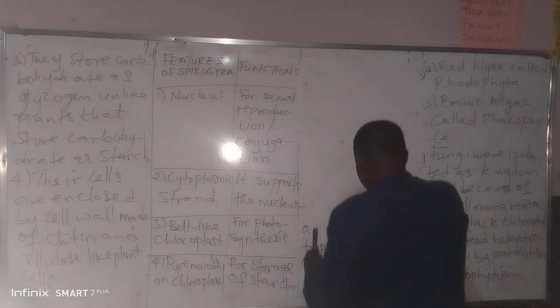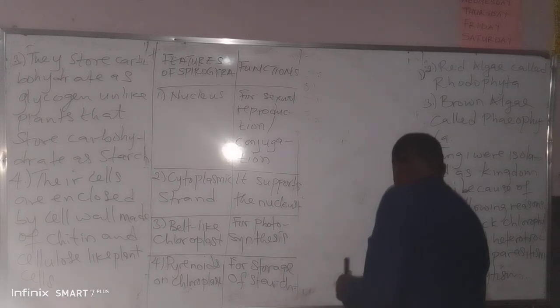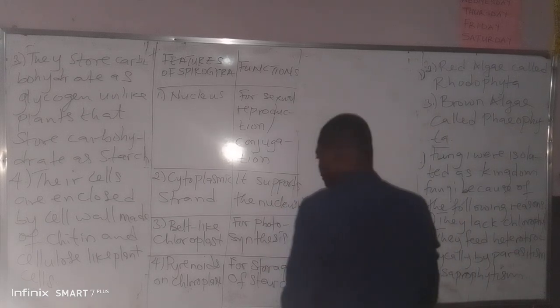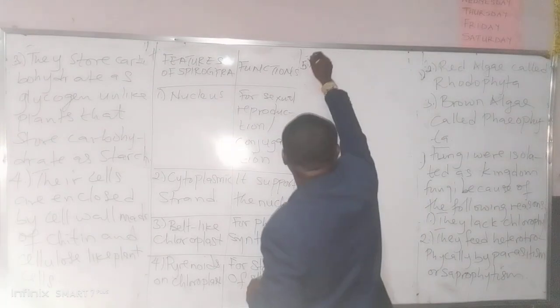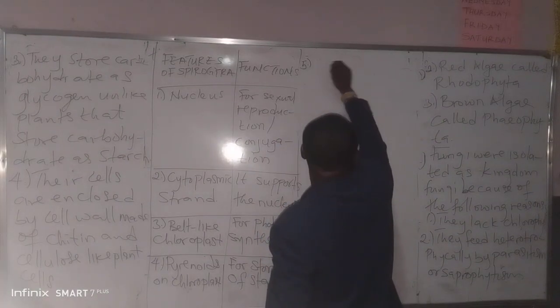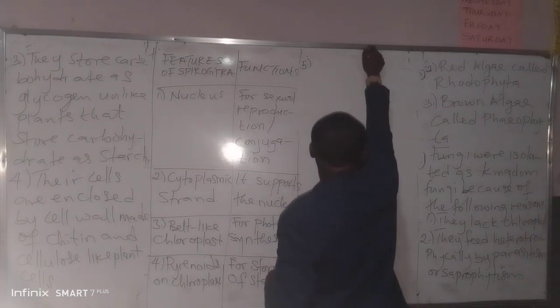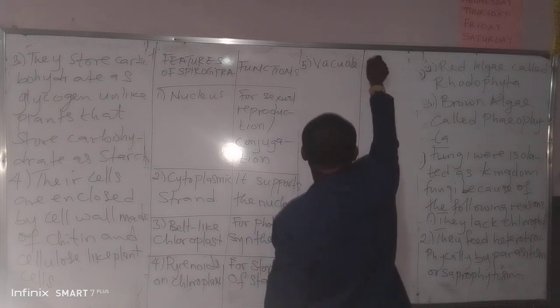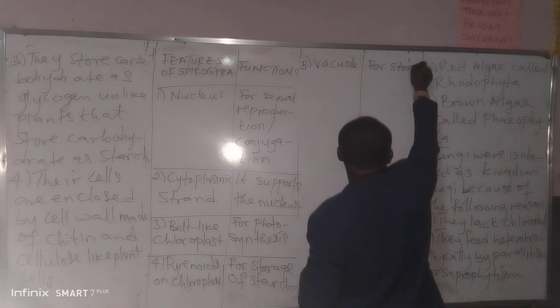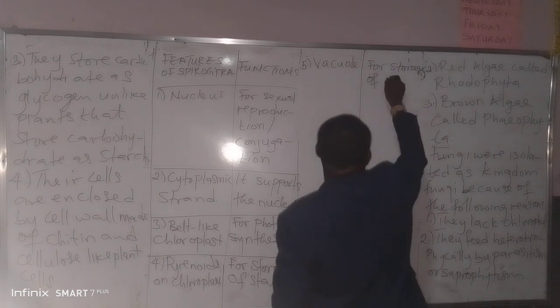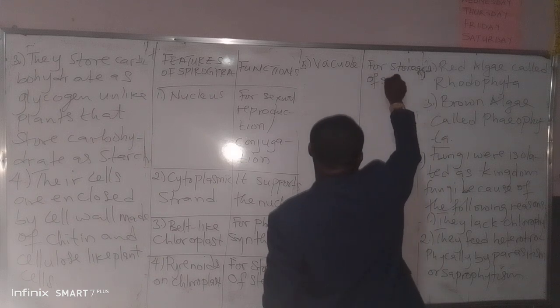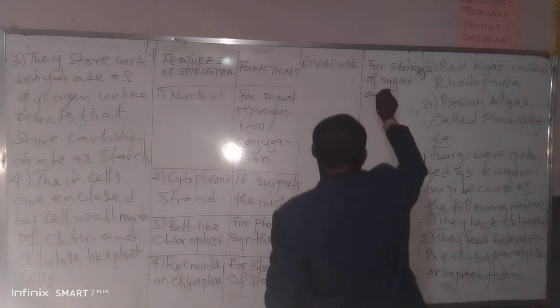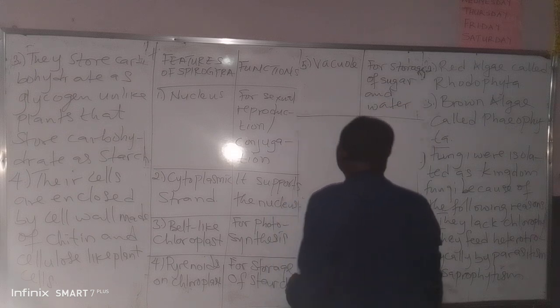In the pyrenoid. Then we have number 5, vacuole, for storage of sugar and water. Storage of sugar and water, that is the vacuole.